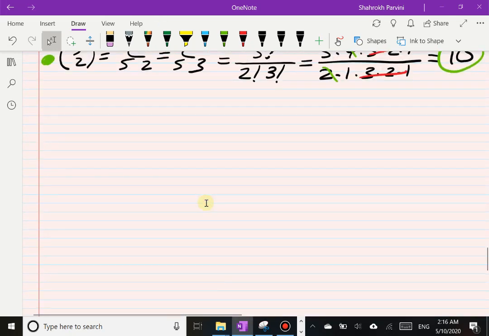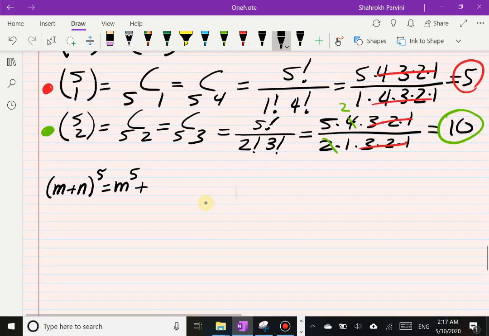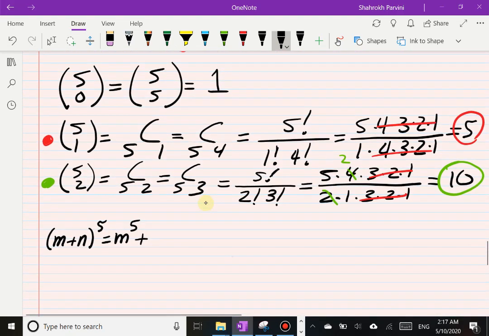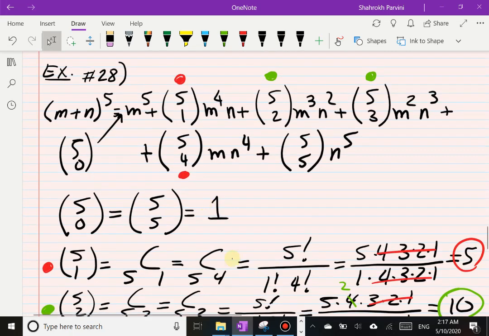And now I can actually write the expansion, folks. So the expansion of m plus n to the 5th will be m to the 5th, and then remember there comes 5 choose 1. I'm looking at this expression here. 5 choose 1 is next.